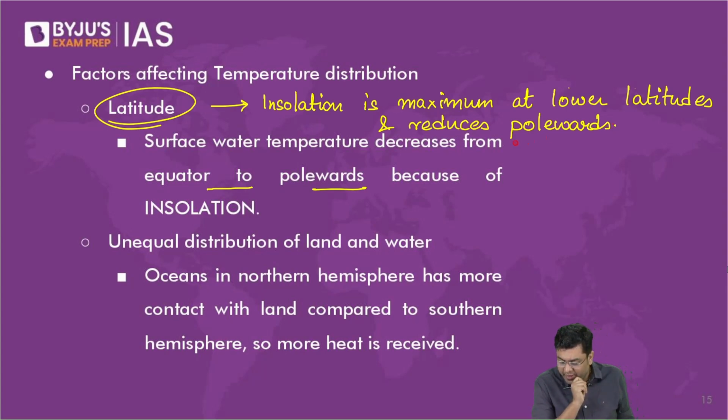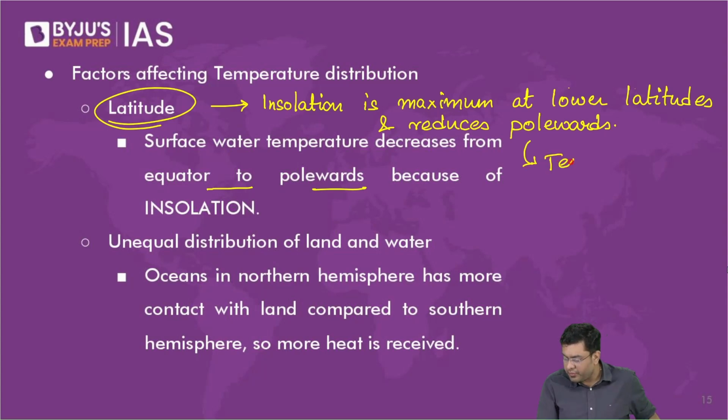So insolation is maximum at lower latitudes and reduces polewards. Is the meaning of the term polewards not understood?